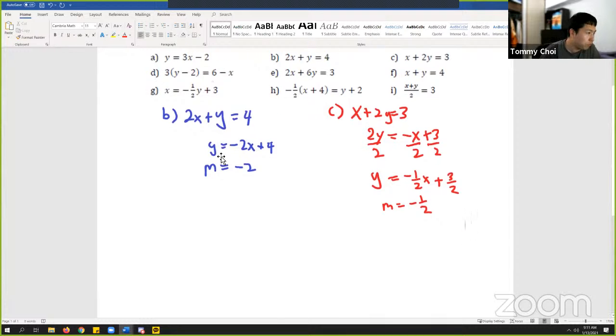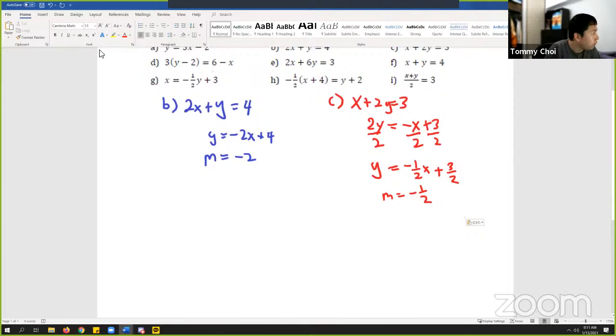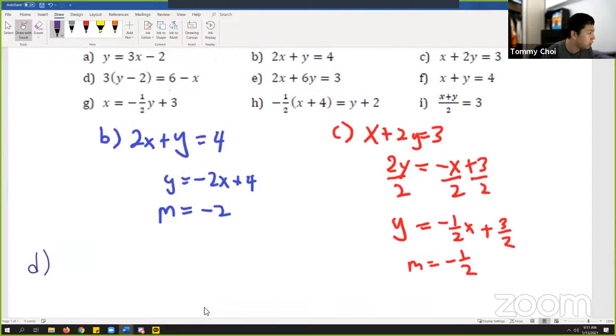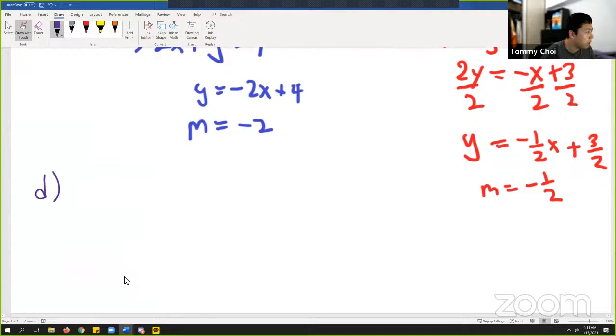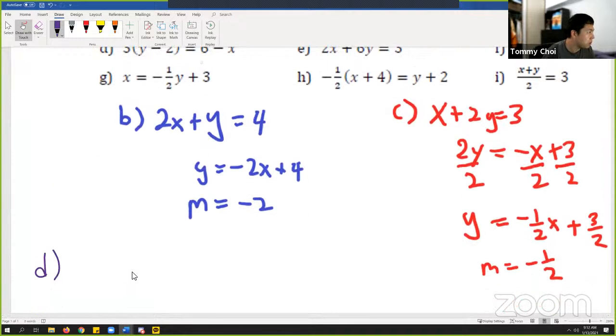Okay. So let's do part D. Let's zoom in a little more. For part D, our question was 3 bracket y minus 2 equals 6 minus x.